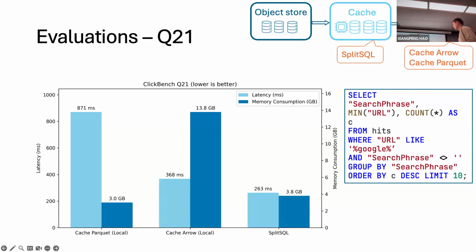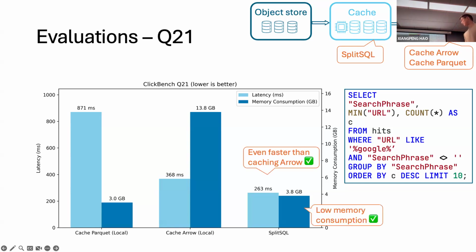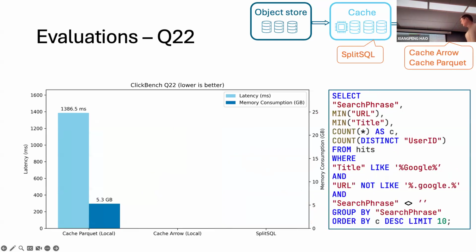In our case, our system is better than caching Arrow because our memory footprint is much smaller. And our system's compression is comparable to Parquet, so it's much better than caching Arrow. So we reach the best of both worlds. It is even faster than caching Arrow, and we have low memory consumption, which is great.